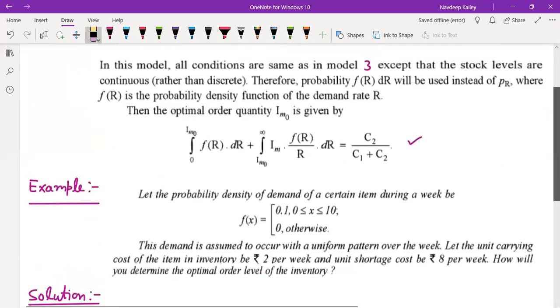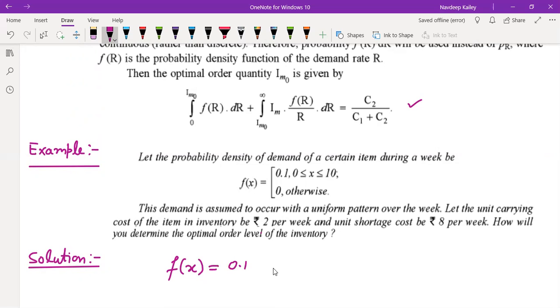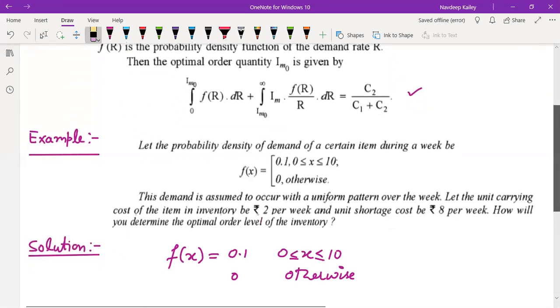Here is the example. Let the probability density of demand of a certain item during a week be given by this function f(x), where f(x) is 0.1 when x lies between 0 and 10, and 0 otherwise. This demand is assumed to occur with a uniform pattern over the week.